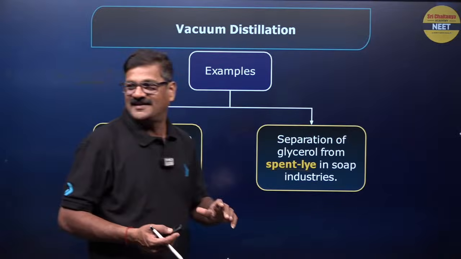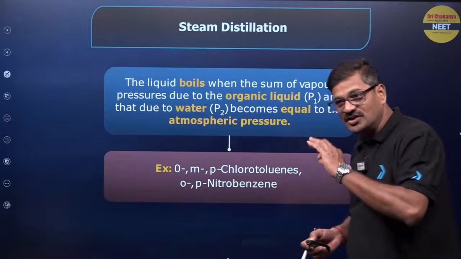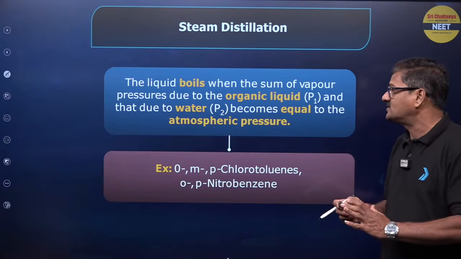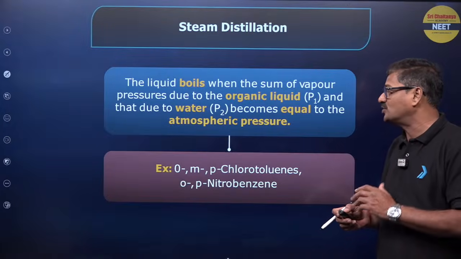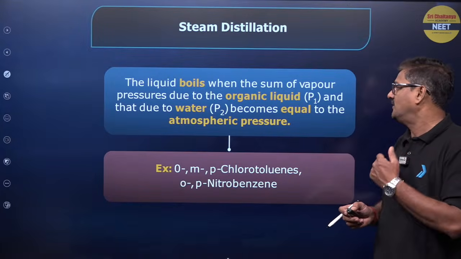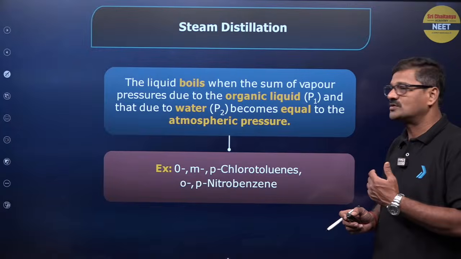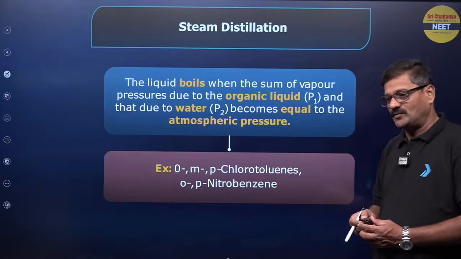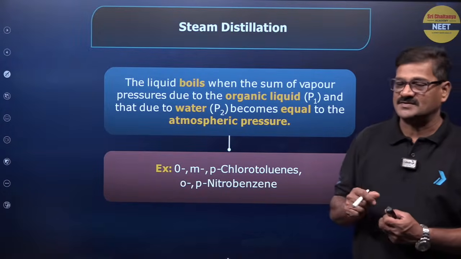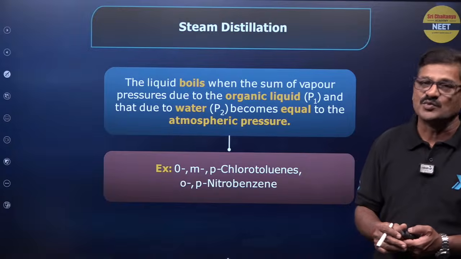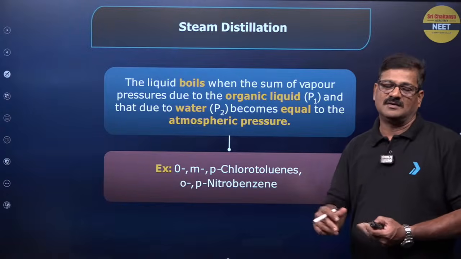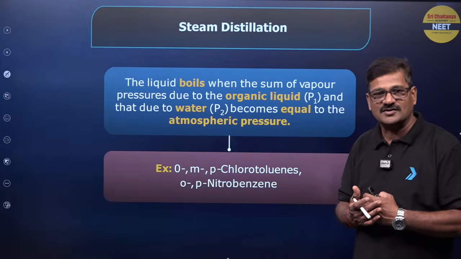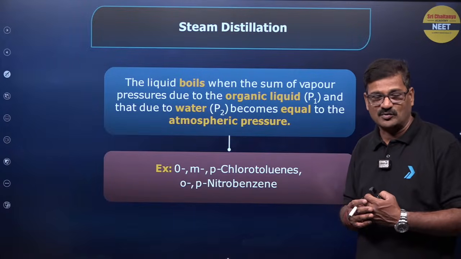Now moving ahead, steam distillation. In steam distillation, the liquid boils when the sum of the vapor pressure due to the organic liquid and due to water is equal to atmospheric pressure. This process is used whenever the products formed can show intramolecular hydrogen bonding and intermolecular hydrogen bonding.